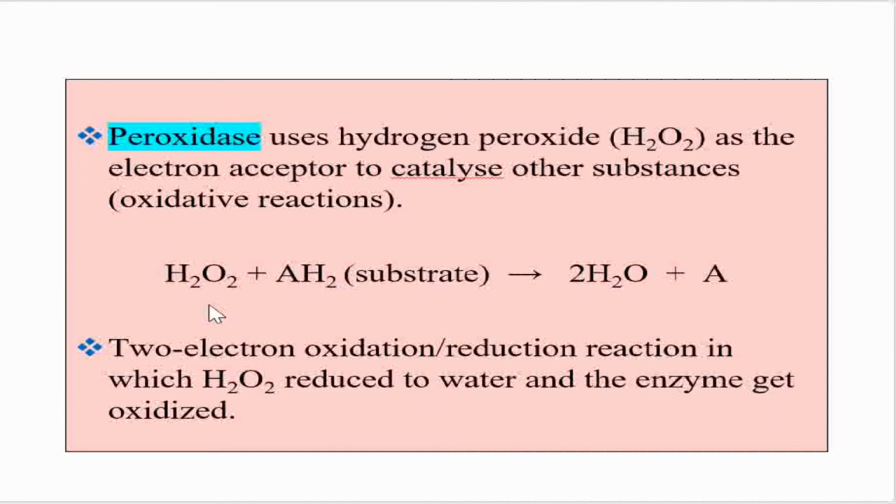Generally, the conversion of H2O2 to H2O is a two electron oxidation reduction reaction in which H2O2 gets reduced to water and the enzyme gets oxidized. So this is a kind of redox reaction.